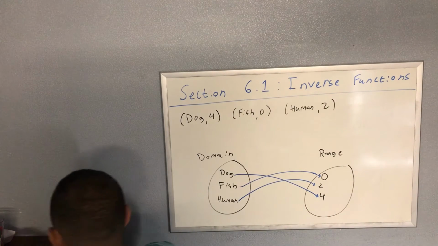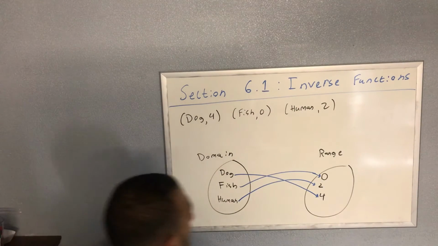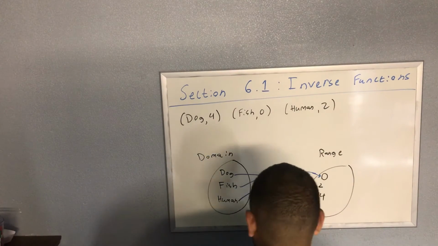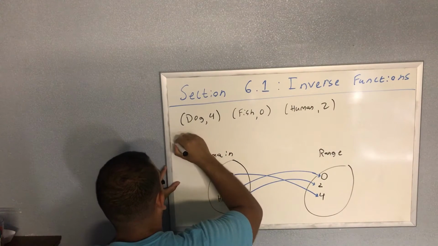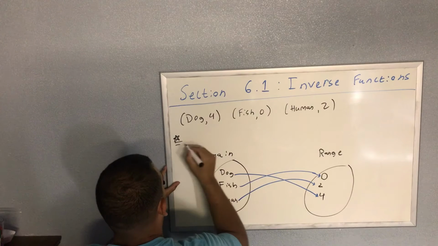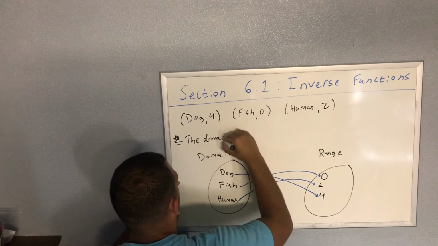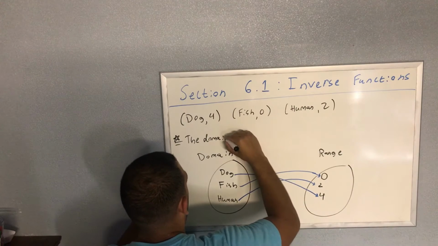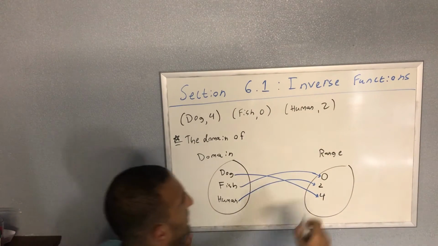So the first observation is, this is running out of room, I'll just write it here. When we write the inverse function, the original function was L, right?